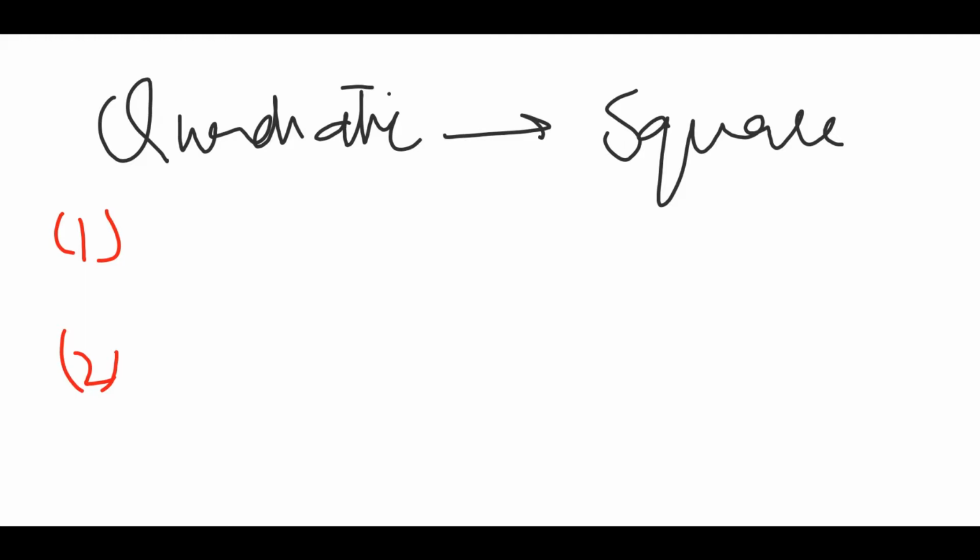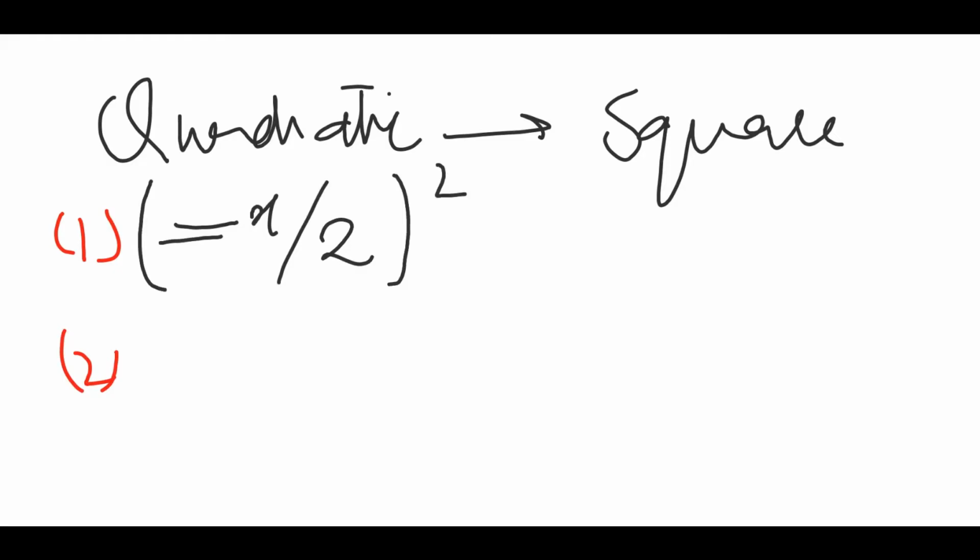First, we take the coefficient of x, whatever we have with x, we divide it by 2 and then we square it. And the second step is we have to add and then subtract it from the equation.